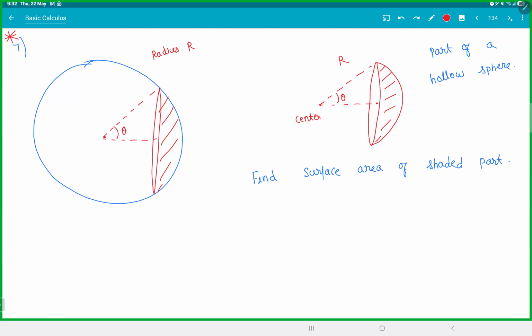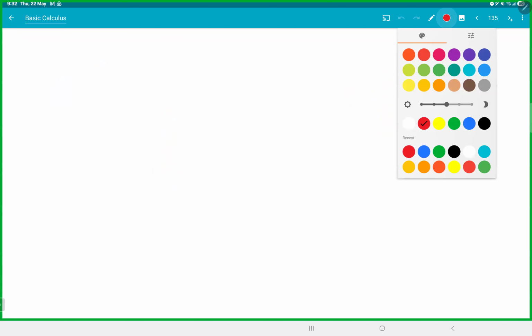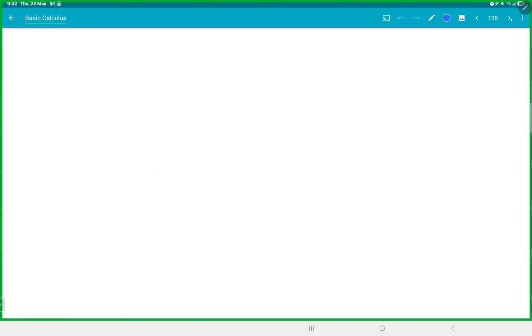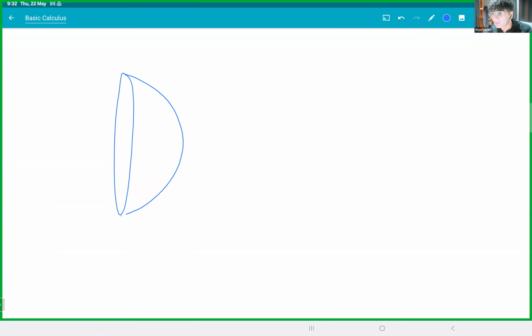You can't take a disk and all. So listen. Is there any integration for tan theta? We have, but you don't need it here. Pi r square sine square theta.